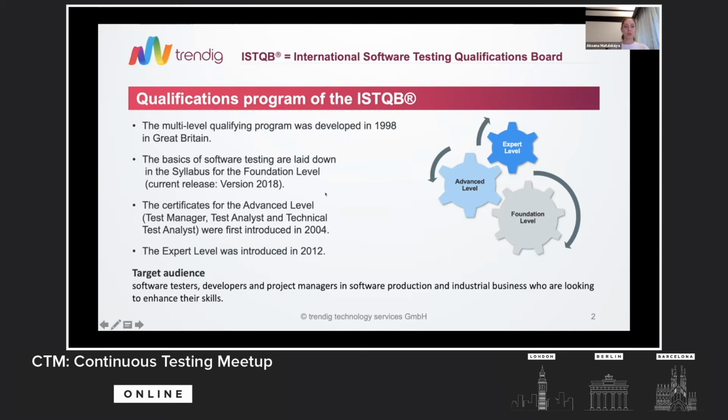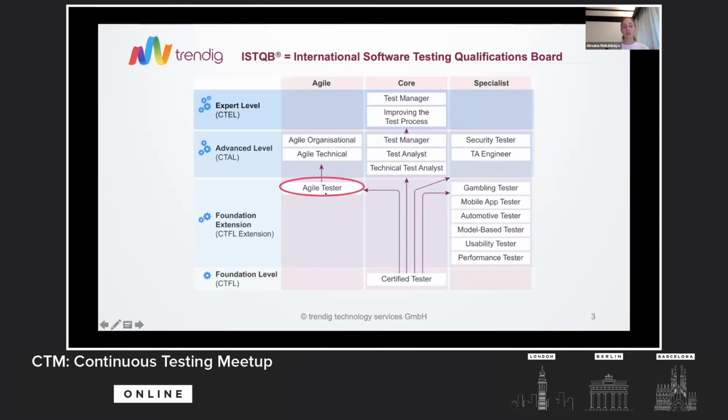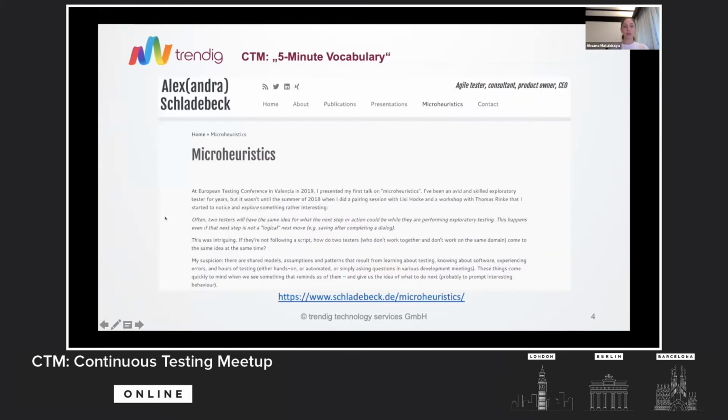If you want to learn more about exploratory testing, and microheuristics are also one approach from exploratory testing, feel free to look into the foundation extension Agile Testers. But if you want to learn more about microheuristics, I would highly recommend looking into a blog from Alexandra Schladebeck.